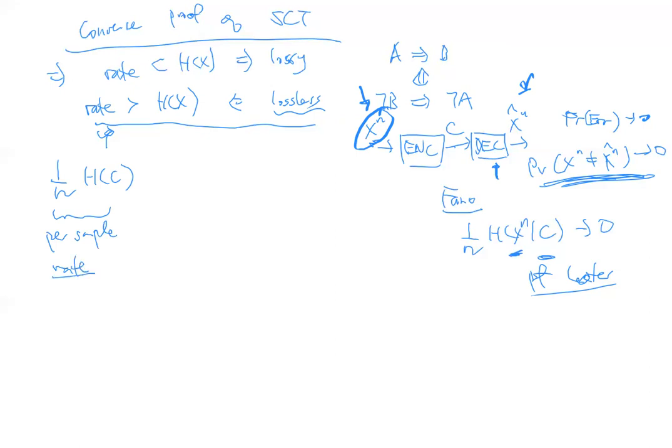So H(C) over n, let me make it more rigorous. I add an epsilon here, and this epsilon can be arbitrarily small.